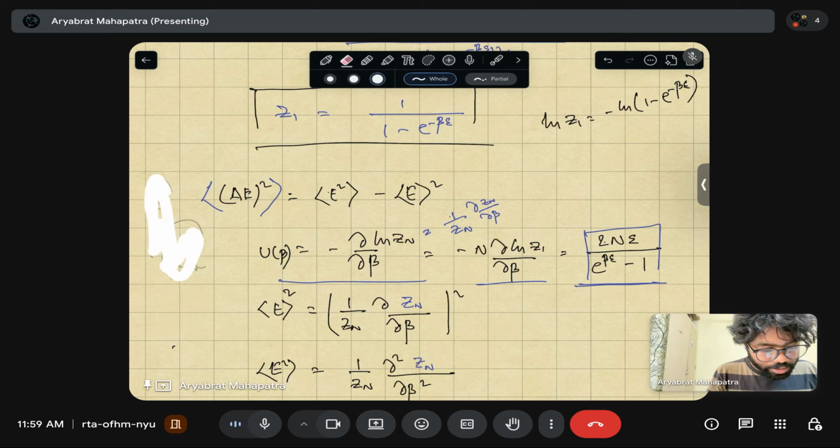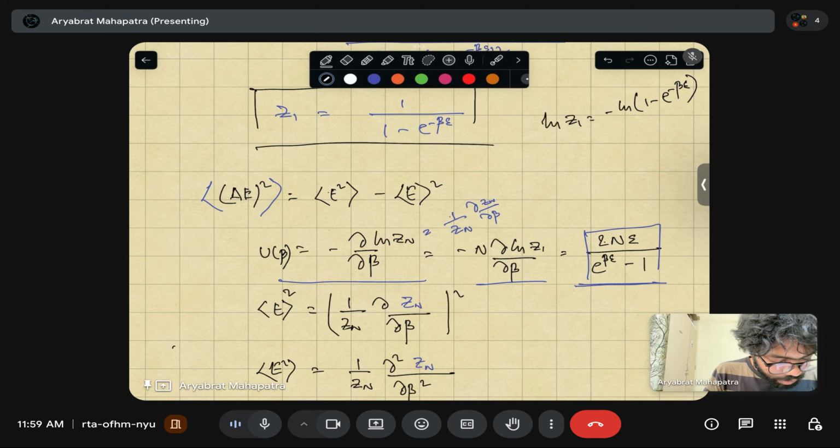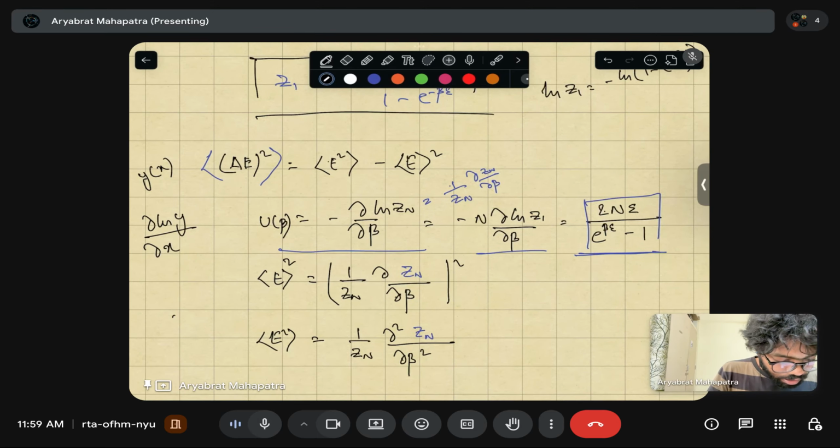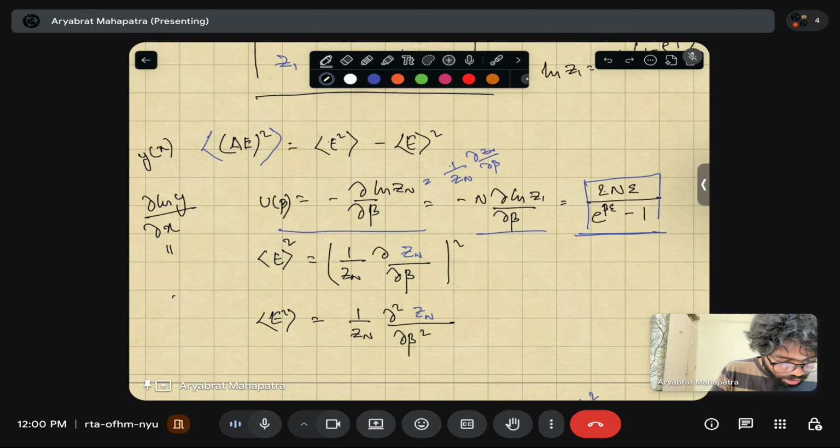Suppose, let's say the definition is del ln y over del x, the derivative of log y with respect to x, and y is some function of x. Then to take the derivative of log y with respect to x, first I will take the derivative of log y, like we usually do.